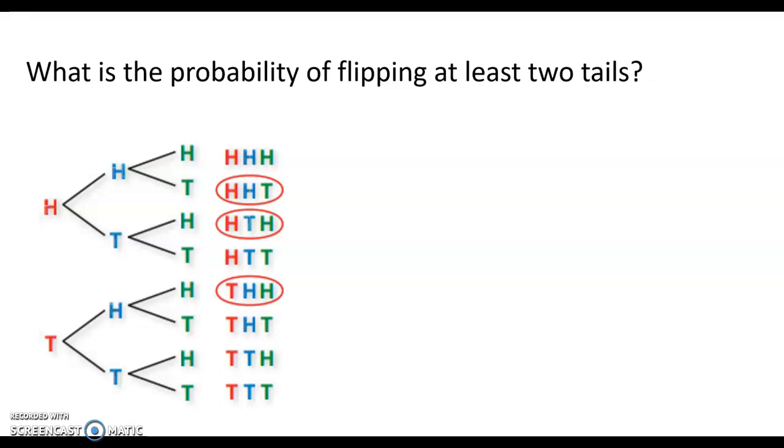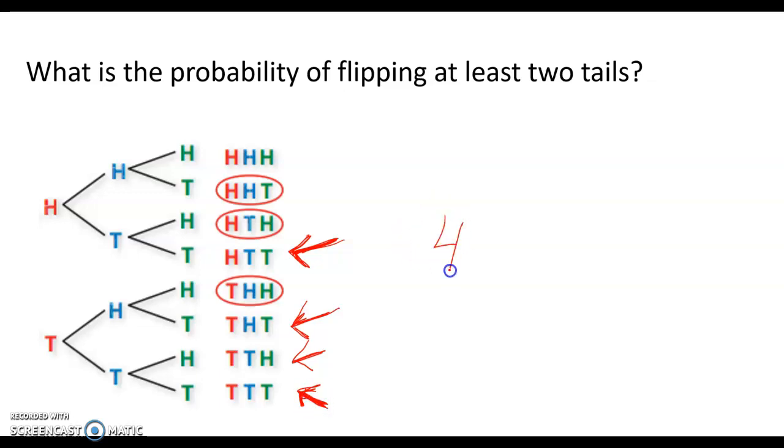What's the probability of flipping at least 2 tails? So we're looking for some that have 2 tails. Here's one that has 2 tails, 2 tails, other 2 tails, and we do include this one because it says at least 2 tails, so we can have 2 or more tails.